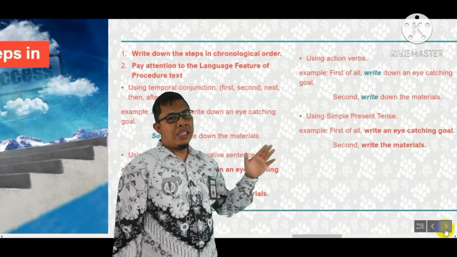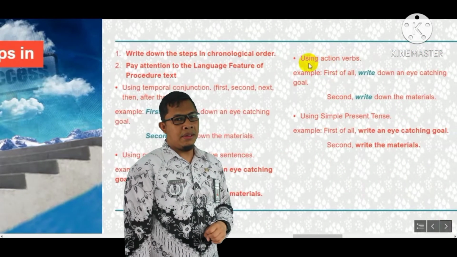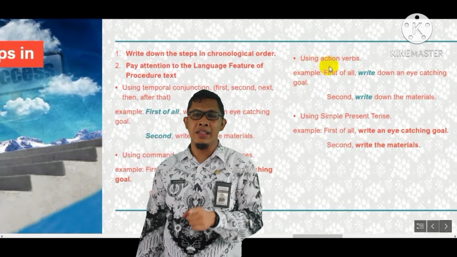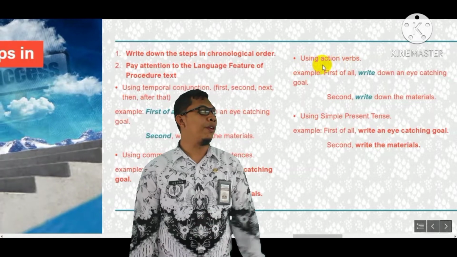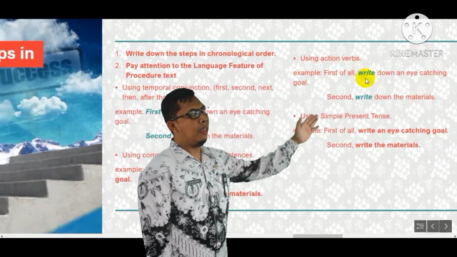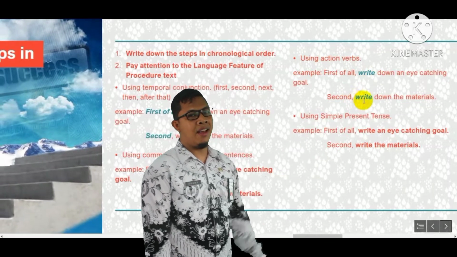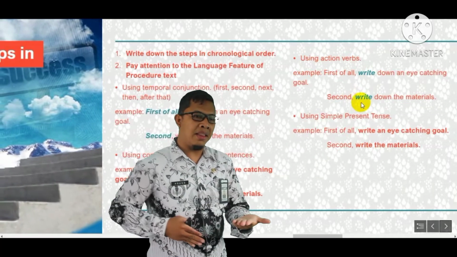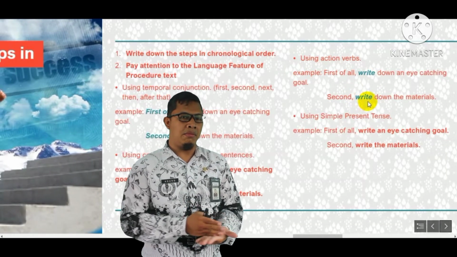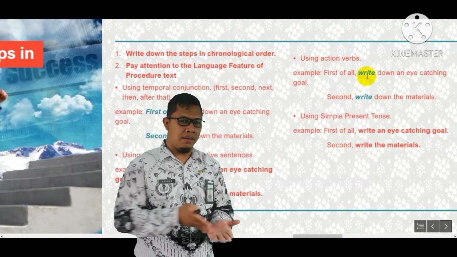Next, using action verbs. Jadi dalam teks procedure, langkah-langkahnya juga menggunakan action verb. For example, write down. The next step is write down. Cut the tomatoes. Cut the chili. Slice the chili, etc.